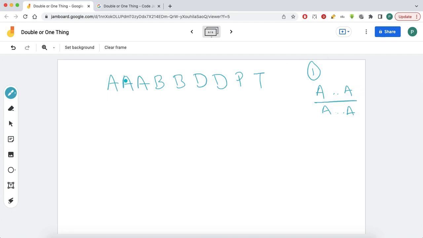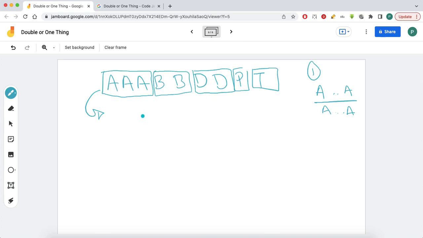So what we need to do is group all such substrings which have only one character. So we have AAA, double B, double D, and this single P and single T. So the newly generated string would be A, B, D, P, T.